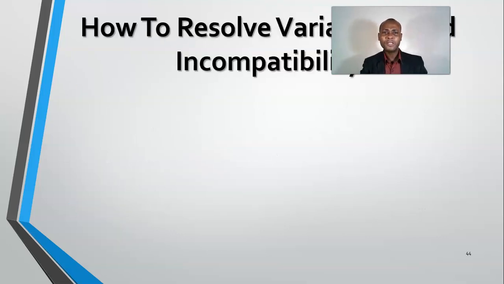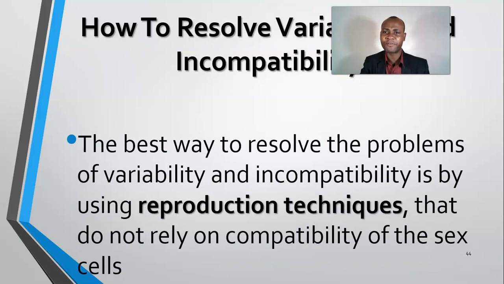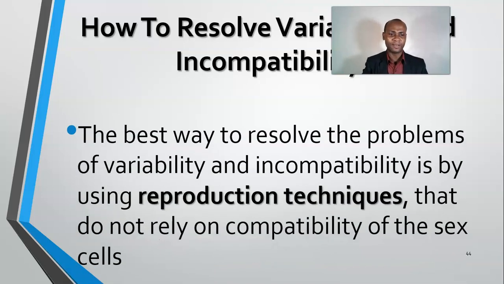So how to resolve variability and compatibility on the farm? The best way to resolve the problem of variability and incompatibility is by using reproductive techniques that do not rely on compatibility of sex cells.